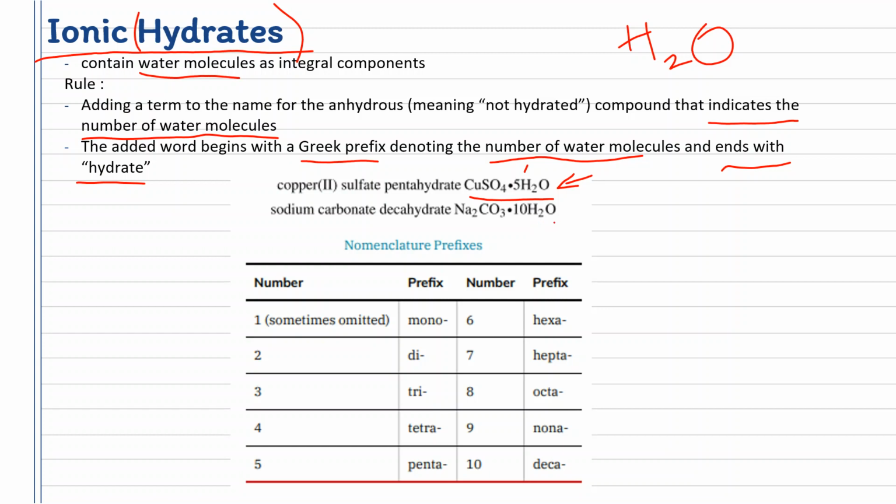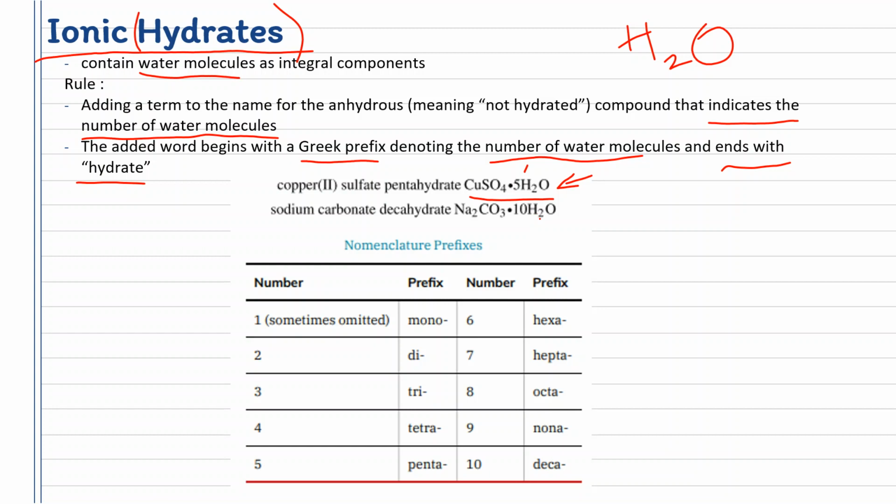So we have another ionic hydrate here. We have two examples of ionic hydrate, and we're going to use them as examples.